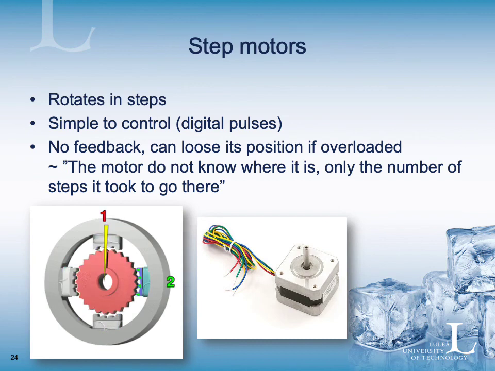So if you tell it to move 10 steps counterclockwise, and then it's overloaded, so it only takes 8 steps, you will have a smaller angle, obviously. But you don't have any feedback that tells you that you actually don't have the angle that you want it to have. And this is why you normally calibrate these at startup.